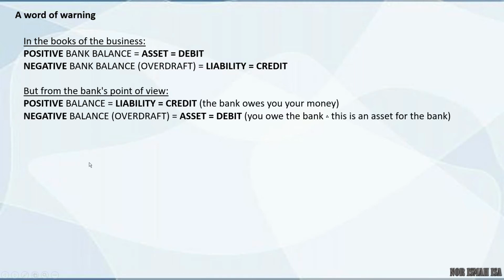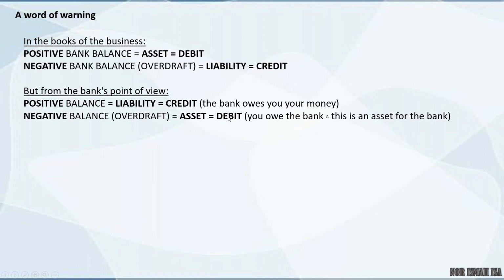As for the bank's point of view, a positive balance, which is a liability, should be credit. It means that the bank owes you money, because as for the bank, the business is the creditor, because they use the money deposit for the business transaction.